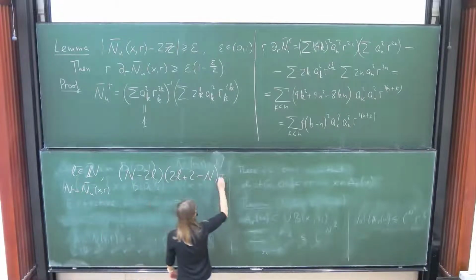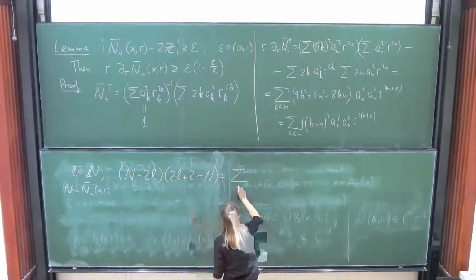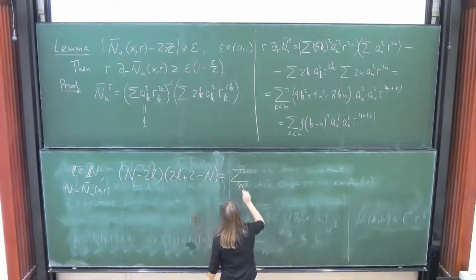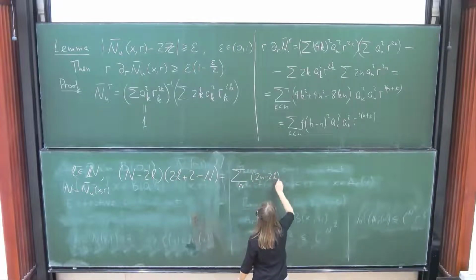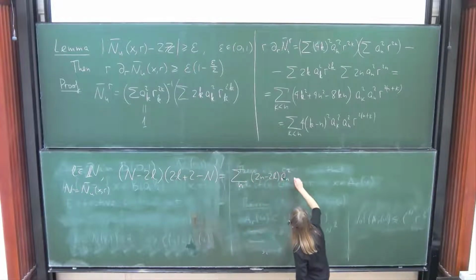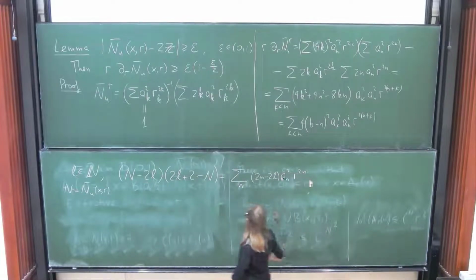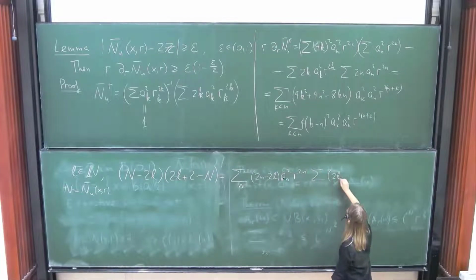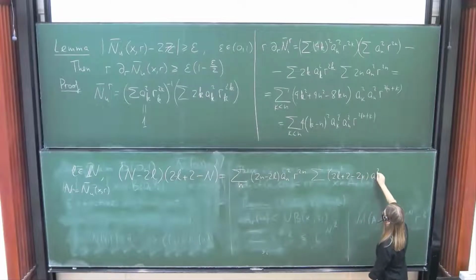With my normalization, you can write it as some sum, let me think, I want n to be larger, so let us write n here: 2n minus 2l, a_n squared r to n. This is the first term, and the second one is 2l plus 2 to k, a_k squared r to k.